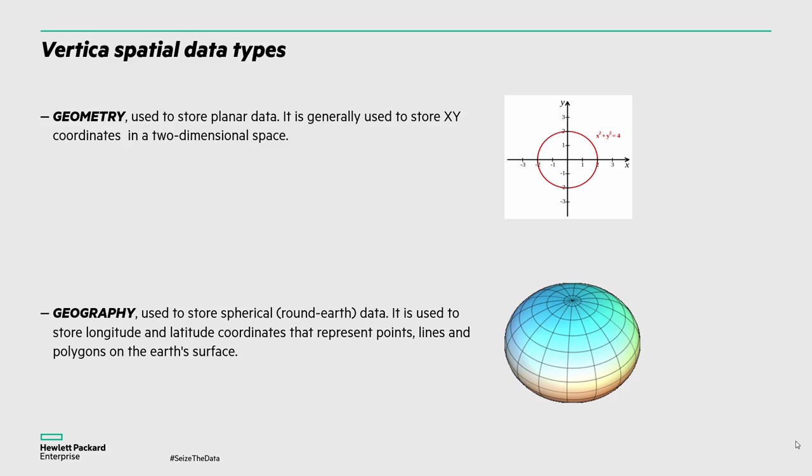Vertica supports multiple coordinate systems. The upper picture shows a two-dimensional Cartesian coordinate system. In this space, data are presented using x, y coordinates. For those datasets, we can store them in geometry.